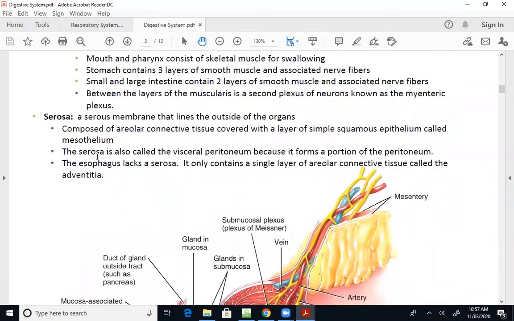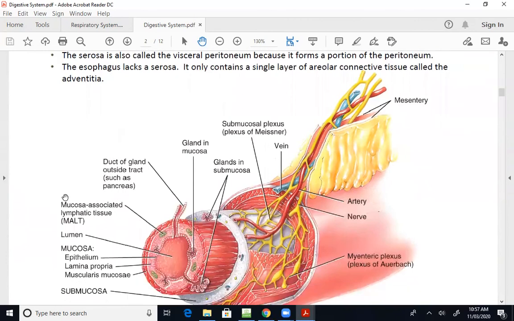Another term for the serosa is the visceral peritoneum because it forms a portion of the peritoneum that will be discussed on the next page. Peritoneum is like the pericardium and the pleura that surround our heart and our lungs, respectively. Our esophagus is a structure that lacks a serosa and only contains a single layer of areolar connective tissue, what we call an adventitia.